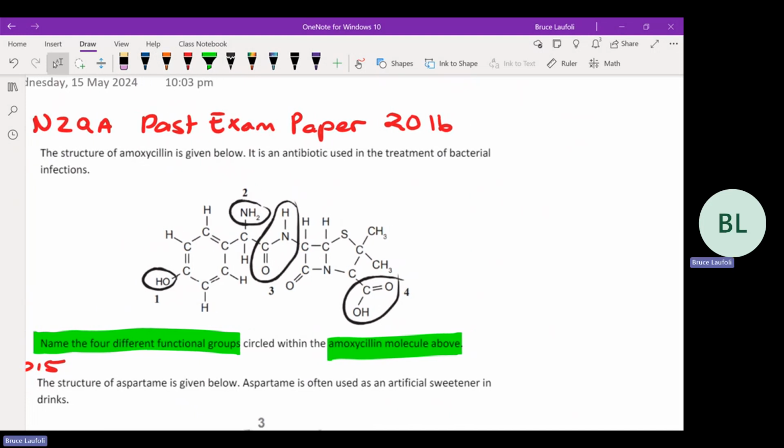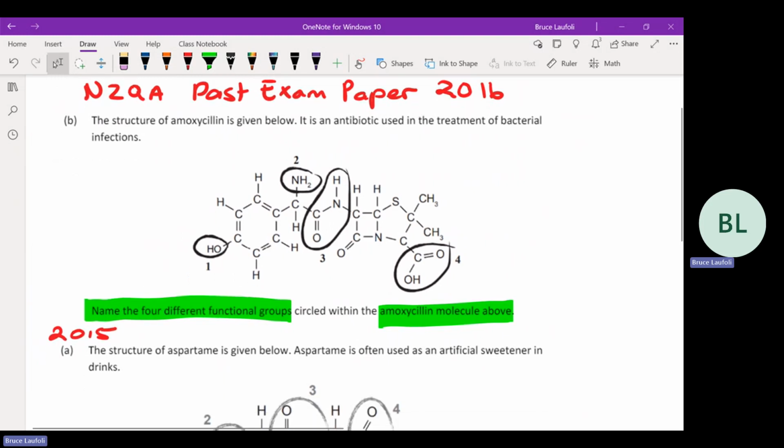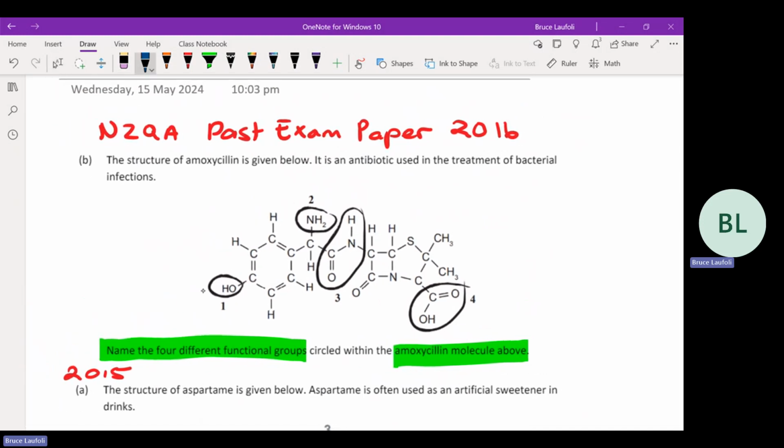You can pause the video and have a go at naming these functional groups, but I'll go through it right now. Hopefully you got all of that correct. This functional group here is an alcohol, and the reason is that we have just isolated an OH.